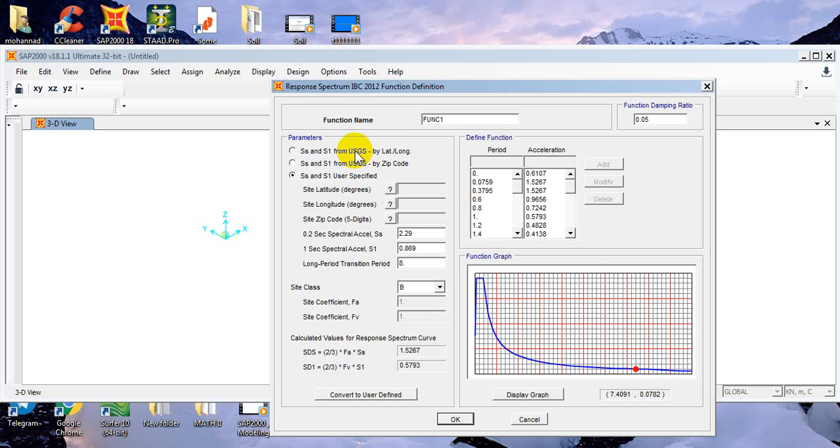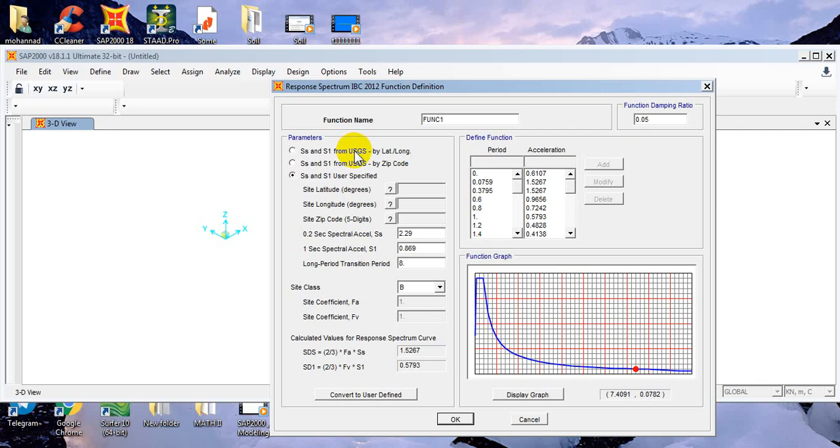The program offers us many functions. So if I want to express the magnitude of earthquake, I use functions. We can use a function or import a file.